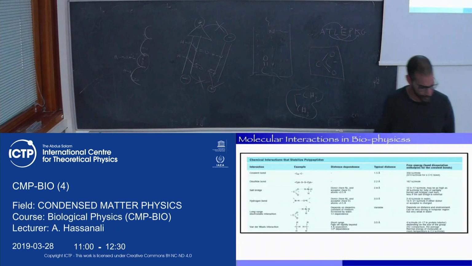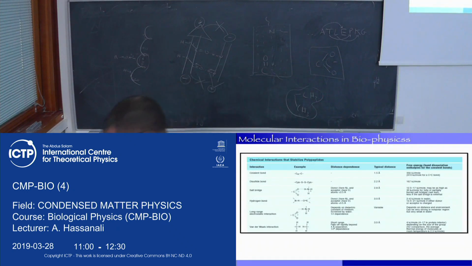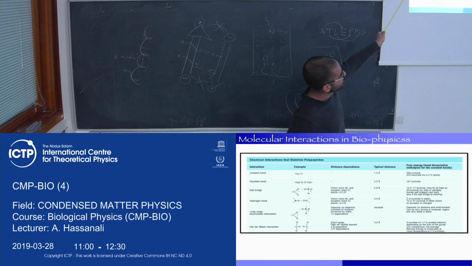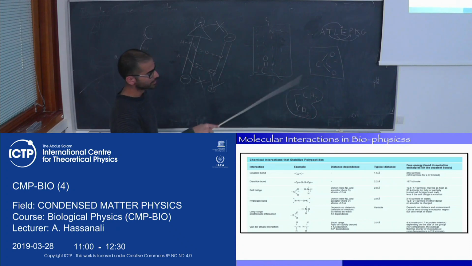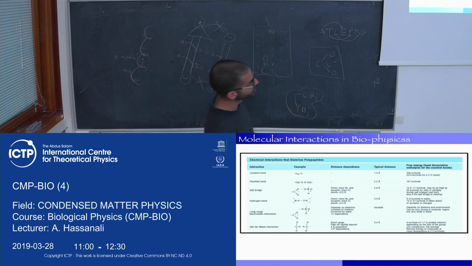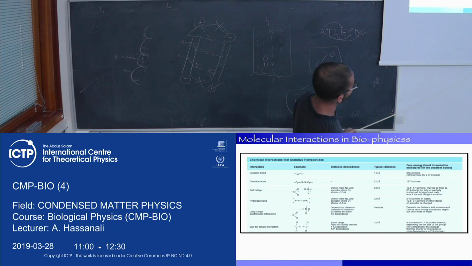Since we've been talking about this a lot, the relevant molecular interactions and the length scales associated with them. We've discussed this at length. Covalent bonds are very strong and very difficult to break. This maintains the essential architecture of the organic molecules.